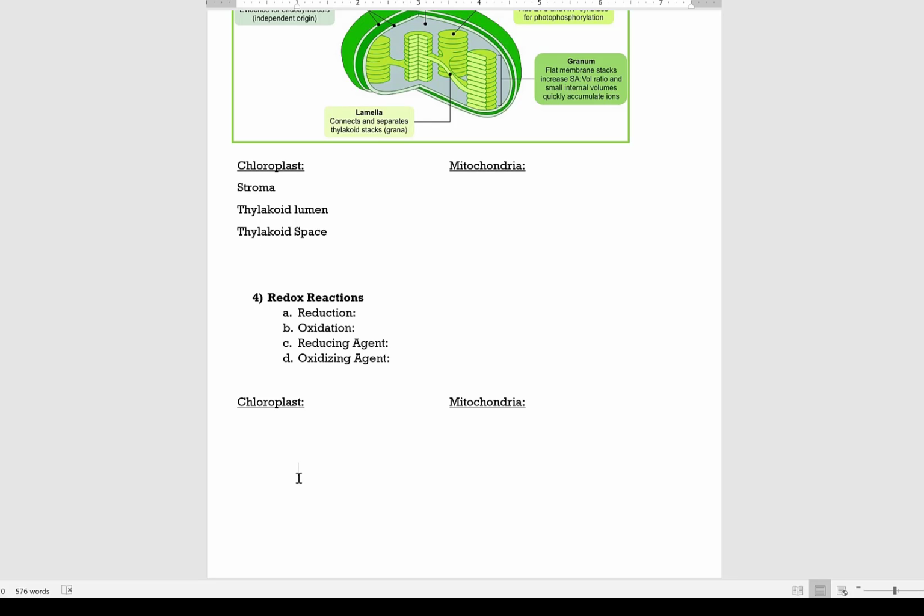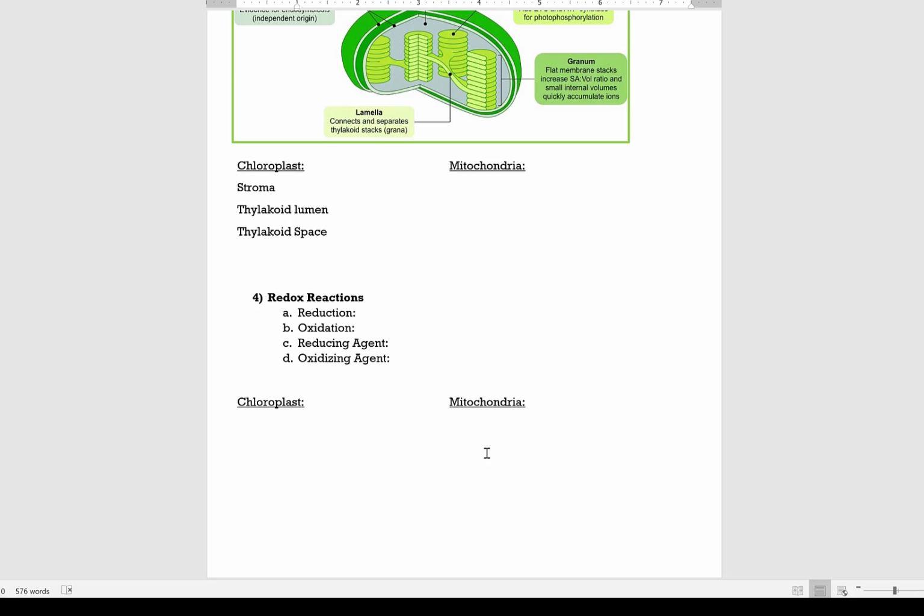So those molecules are being reduced. So photosynthesis is a focus on reduction. We are going to reduce carbon dioxide into glucose. Cellular respiration was the opposite. We were oxidizing glucose into carbon dioxide.